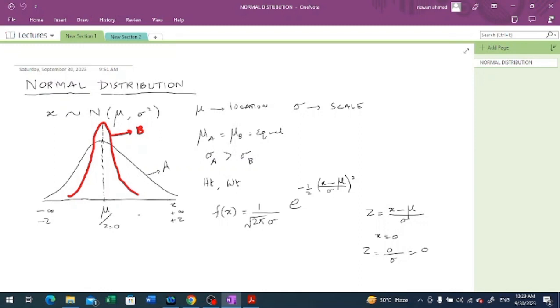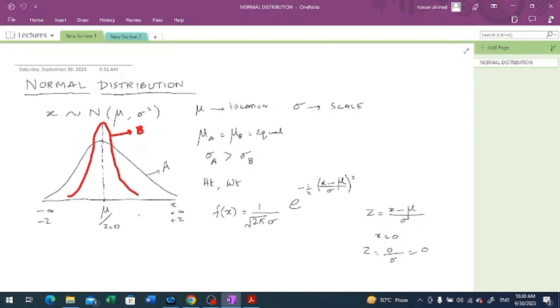But as far as the degree of dispersion is concerned, curve A has a greater degree of dispersion as compared to curve B. Therefore, we can say that standard deviation of curve A is greater than that of B. Since standard deviation is the parameter that helps us to identify the degree of dispersion with respect to the mean value, we call it scale parameter.